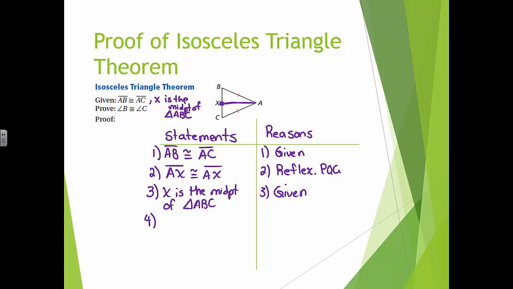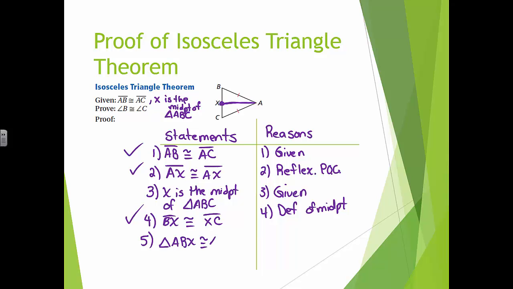Then we can say that BX is congruent to XC by definition of midpoint. So now we have three pairs of congruent sides. So triangle ABX is congruent to triangle ACX by side-side-side congruence. And then angle B is congruent to angle C by CPCTC. So we've just proven the isosceles triangle theorem.